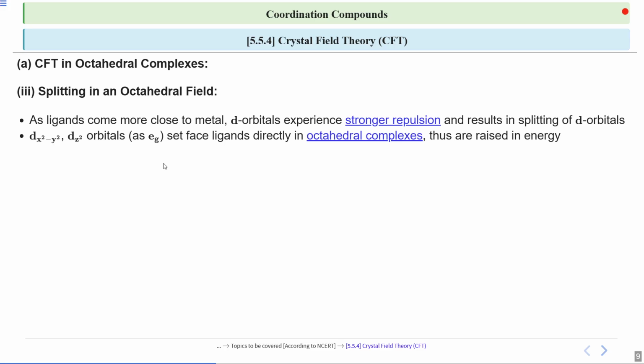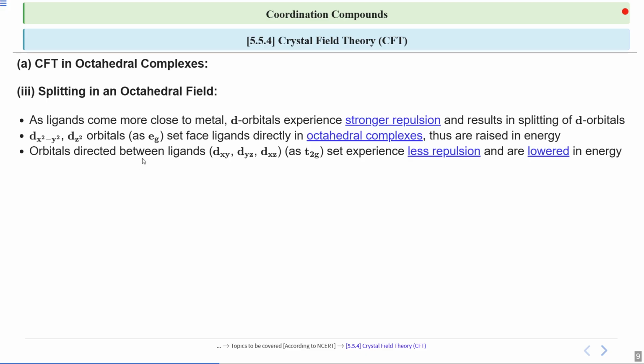They are raised in energy compared to the orbitals directed between the ligands, which include dxy, dyz and dxz, and are present as the T2g set.